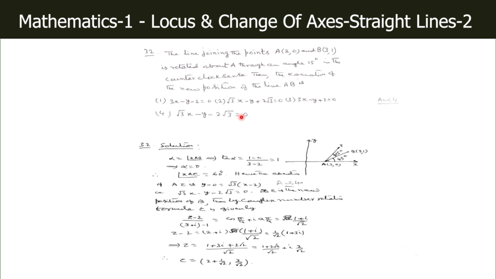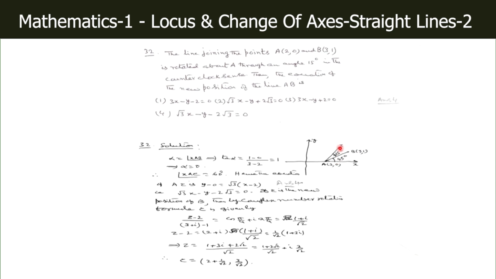Now, you know that A is (2, 0) and lies on the x-axis, and B is (3, 1). This line is rotated anticlockwise through 15 degrees.